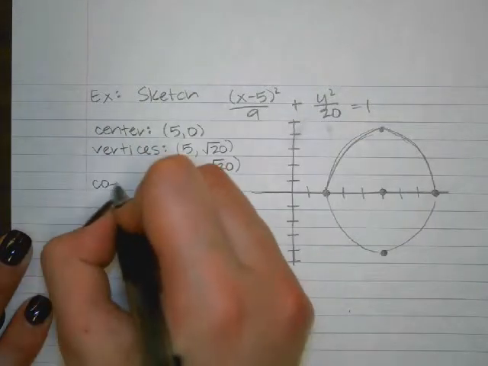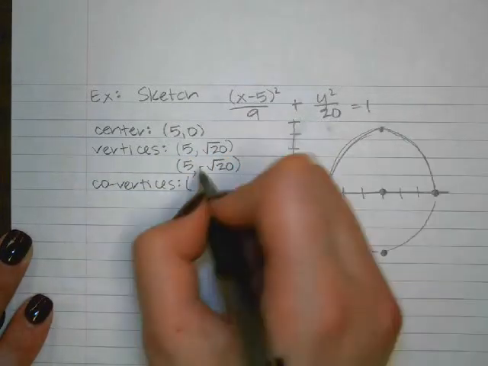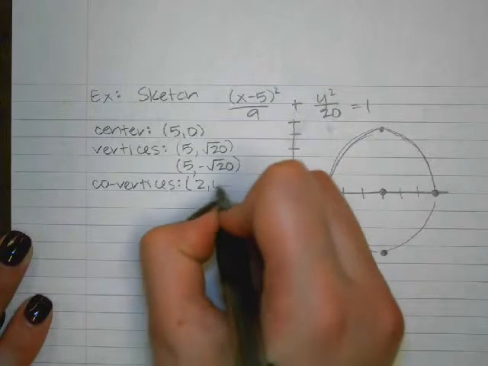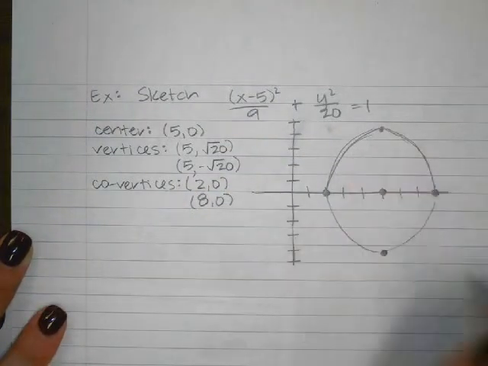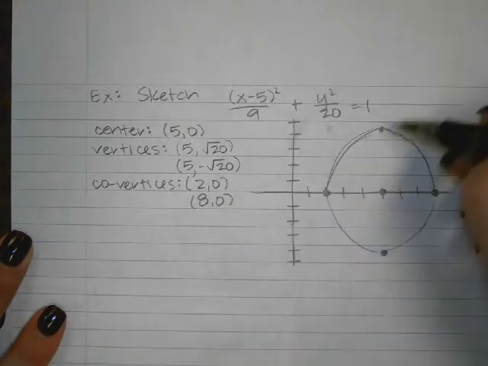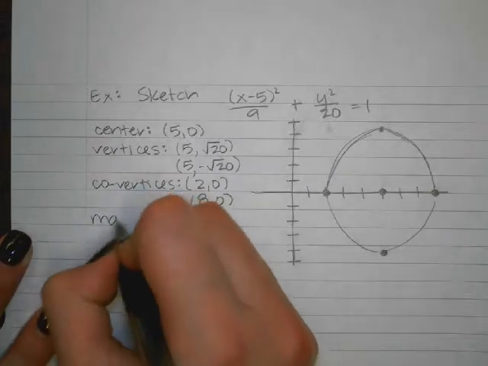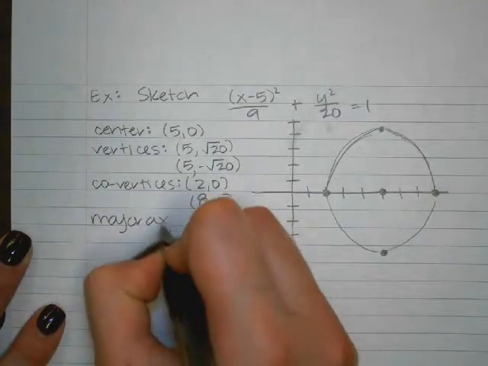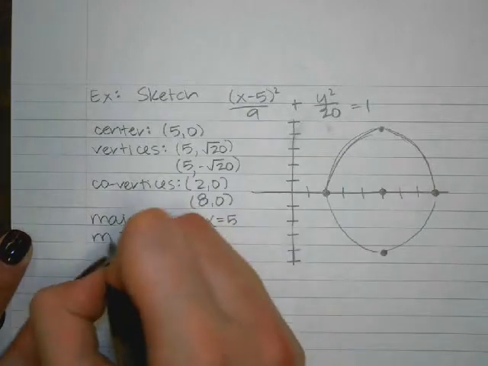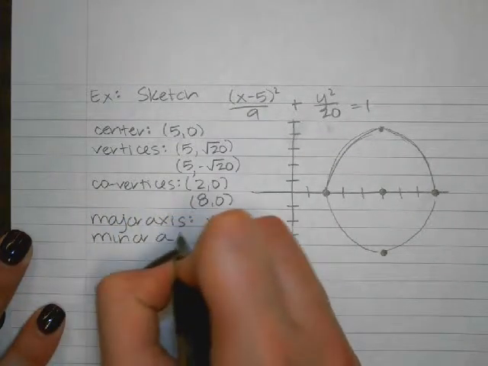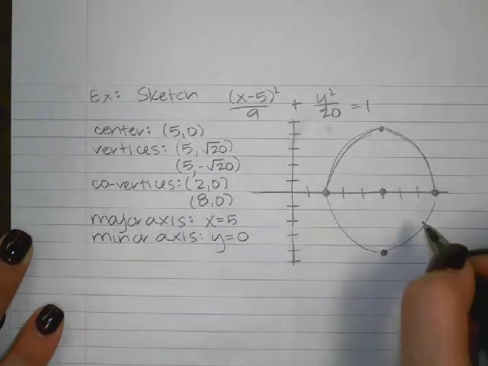The co-vertices, left and right 3: left 3 would be 2, right 3 would be 8. Our major axis would be vertical, so that would be x equals 5. The minor axis would be horizontal, so that would be y equals 0.